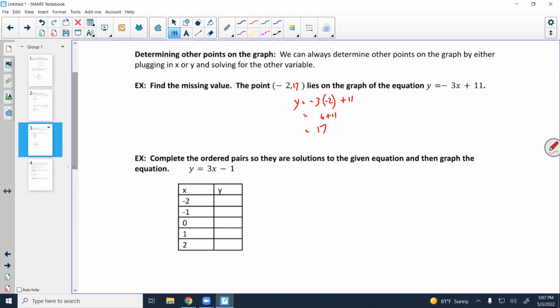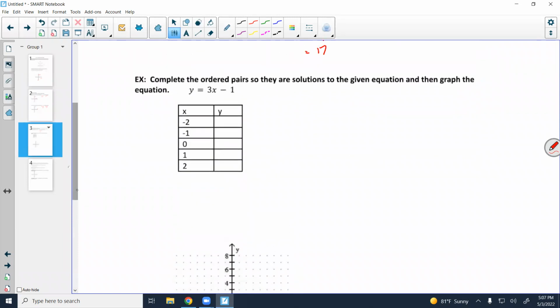Okay, here we just want to complete the ordered pairs so that they are solutions to the given equation, and then we're going to graph it. So we're going to find y for all these different values of x. So y equals 3 times -2 minus 1, -6 minus 1, -7. y equals 3 times -1 minus 1, -3 minus 1, -4. y equals 3 times 0 minus 1. y equals -1.